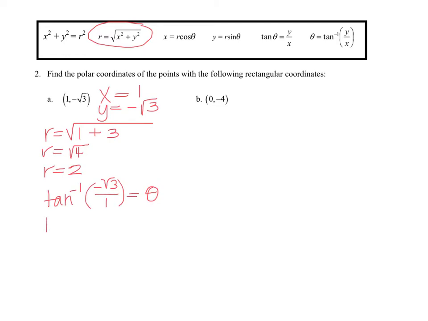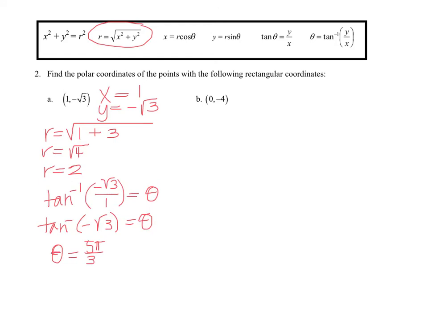That makes this the inverse tangent of negative root 3 equals theta. And that means that theta is equal to, let's see, let's put this in radians. This is going to be 60 degrees in the fourth quadrant, and that's going to be 5 pi over 3. Okay.